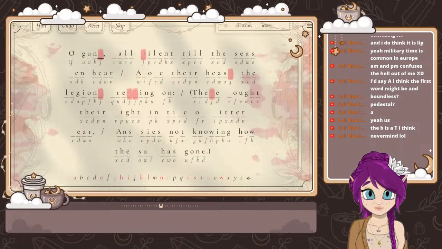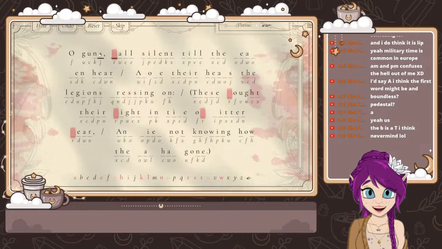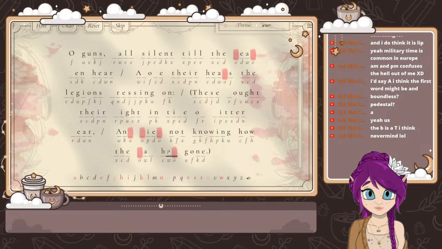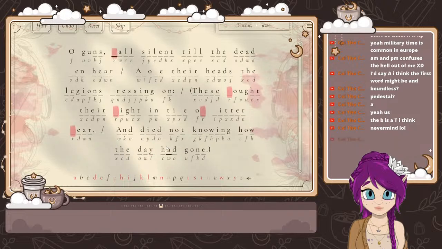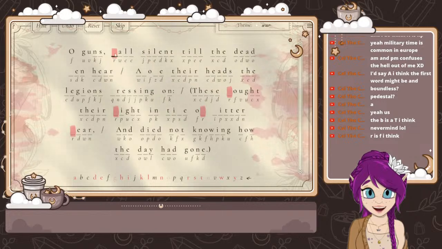Maybe? No. Had gone. And died not knowing how the day had gone. Day had gone? R is F? Fall silent? Yeah, okay, that works. Fall silent till the dead.